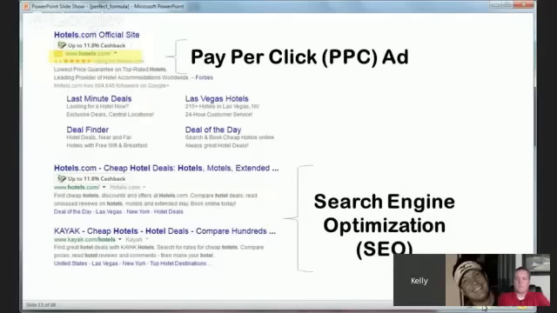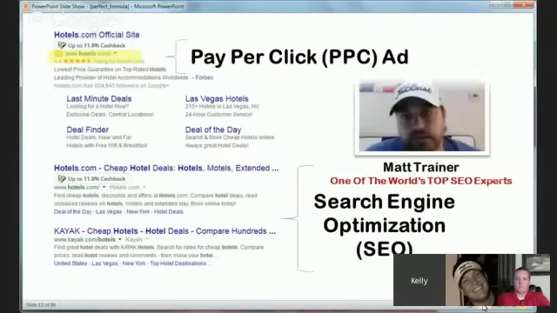With those, there are people who have spent hours and hours to make it so that they come to the top of the search results that a person typed in. There's very few people who have literally mastered this and have become one of the top SEO experts in the world. But there's one that we are linked to.